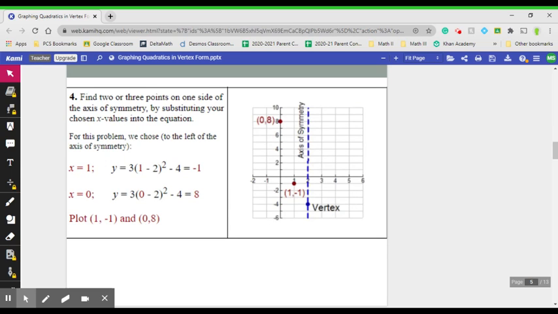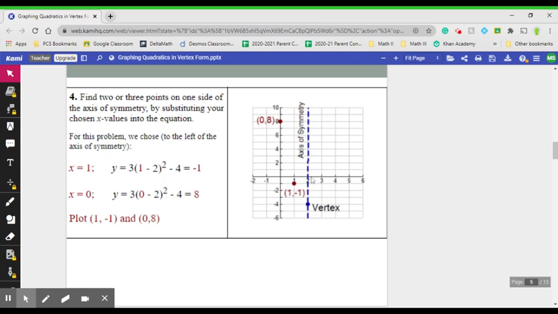For step 4, we are looking for 2 points on the one side of the axis of symmetry or the other. Usually it's a good idea to pick the side that the y-axis is on, so you can then find your y-intercept as one of those points. And using x equals 0 right here is always a good idea, because that's going to be the easiest way to get a point. And then you just have to pick one more.